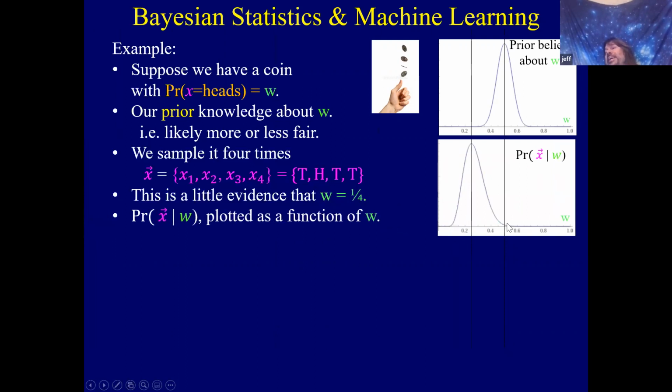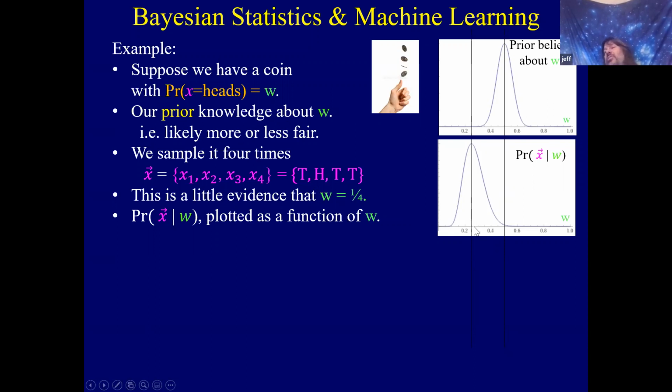So what we're plotting here is a funny graph, right? The horizontal axis is all the various values of W. Just like this was all various values of W, and we're plotting what's the probability that we got this W. Here we're plotting all various values of W, and we're plotting what's the probability that we got a tail, a head, a tail, and a tail, right?